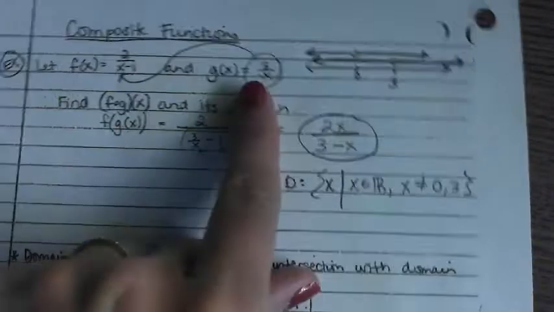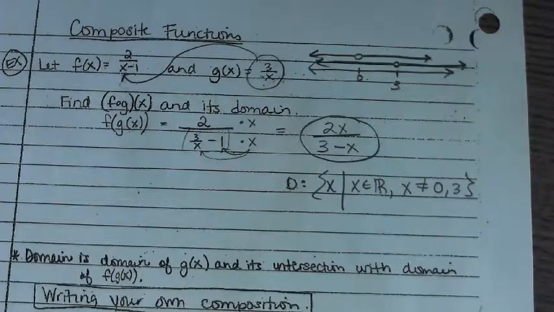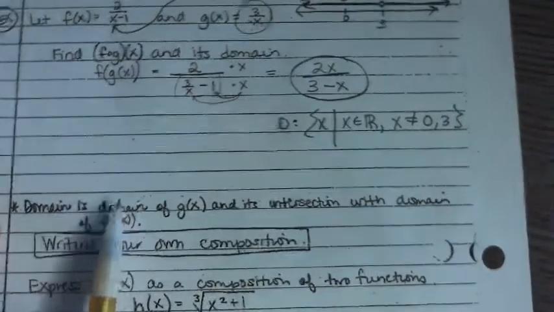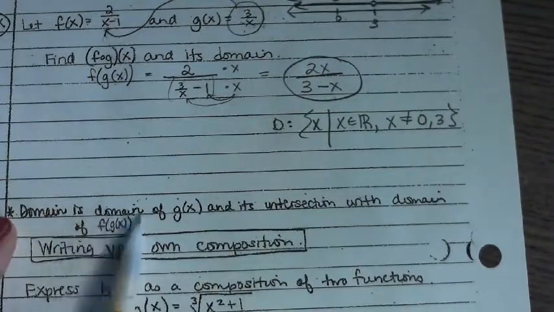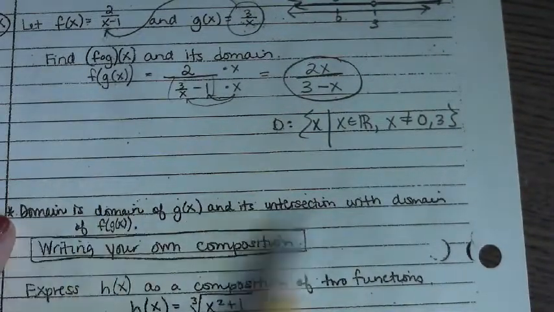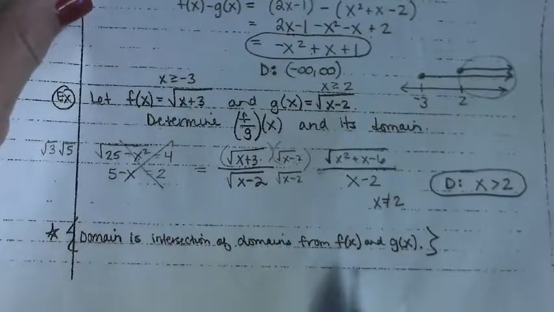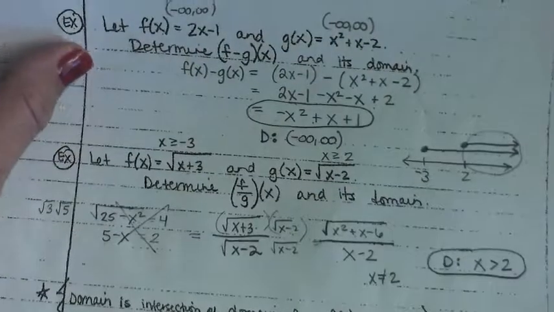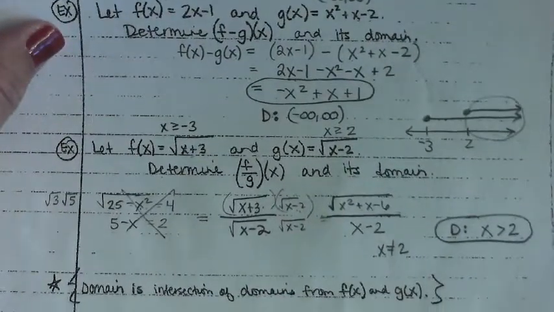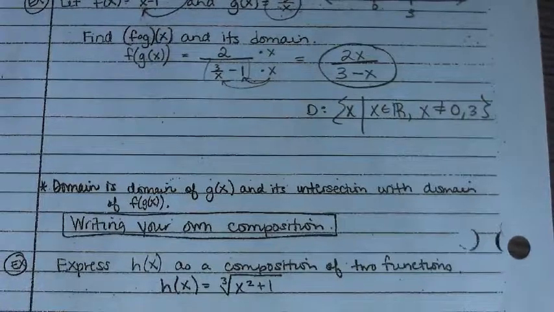But plugging in a 1 to g of x immediately morphs into something other than 1, so we don't have to worry about plugging it into f. Does that make sense? So this is a piece of information that you need to sort of just memorize, kind of how you get this domain of a composition versus how you get this domain of the operational set. All right? That's probably one of the more intricate details to remember.